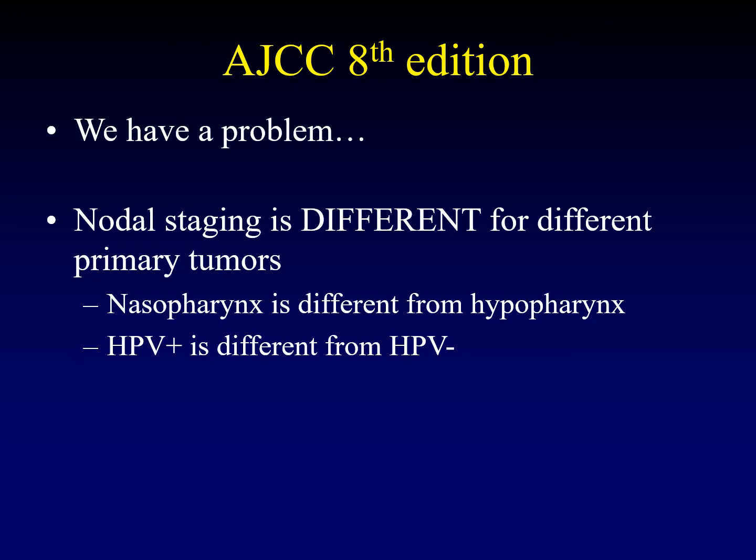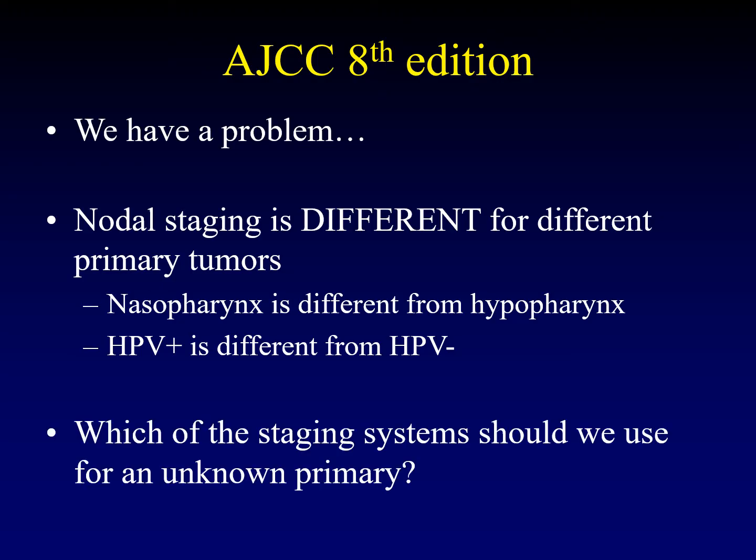But in the 8th edition, it's different. Nodal staging is different for different primary tumors. The nasopharynx, the nodes are staged differently from the hypopharynx. HPV positive is staged differently from HPV negative. So which of the staging systems should we use for an unknown primary tumor?